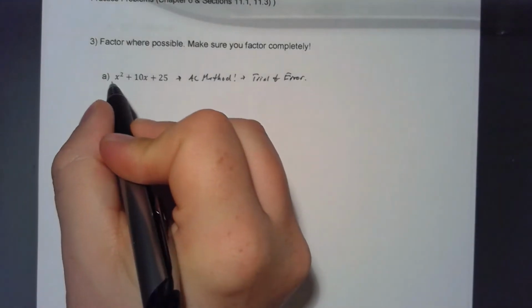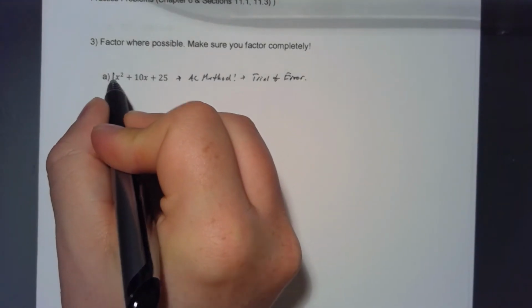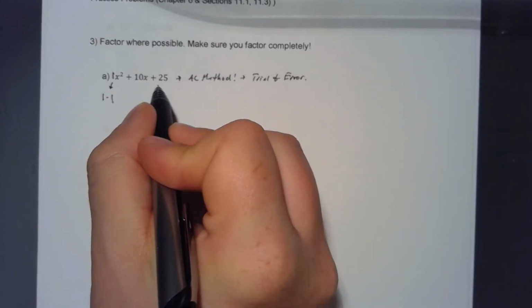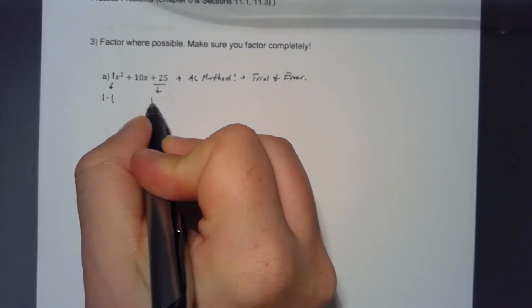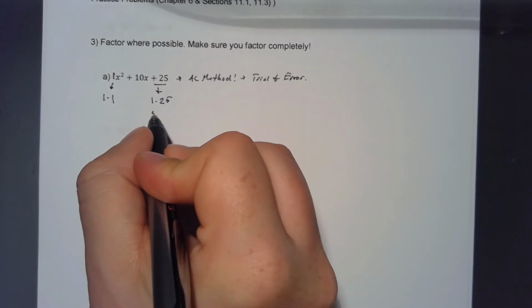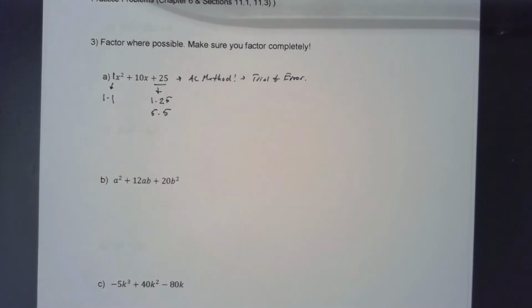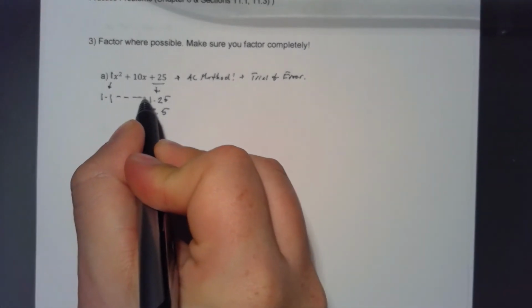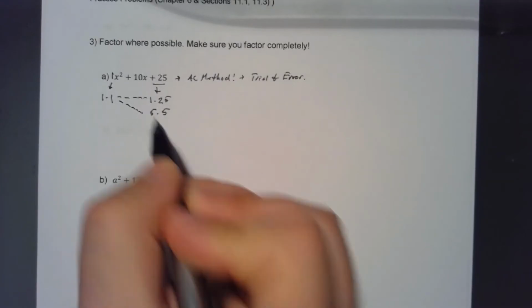The factors of 1 are 1 and 1, obviously. The factors of 25 are 1 and 25, and 5 and 5. So here's a pair of possibilities, and here's another pair of possibilities.